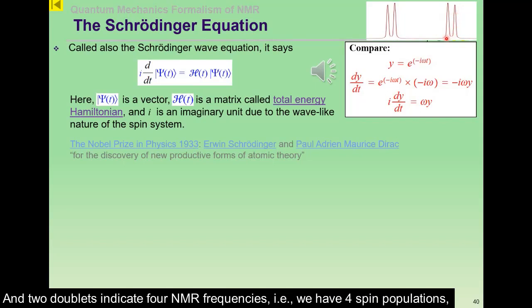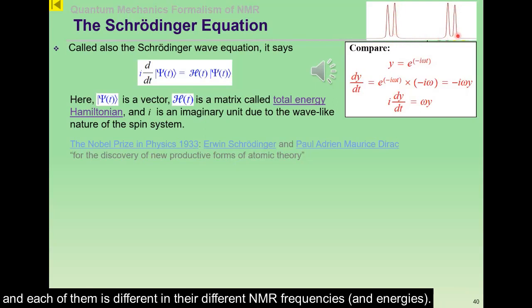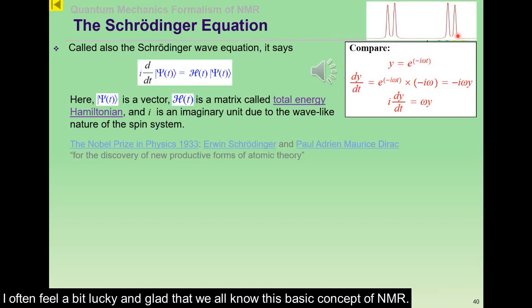And two doublets indicate four NMR frequencies, i.e., we have four spin populations. Each of them are different in their NMR frequencies. I often feel a bit lucky and glad that we all know this basic concept of NMR.